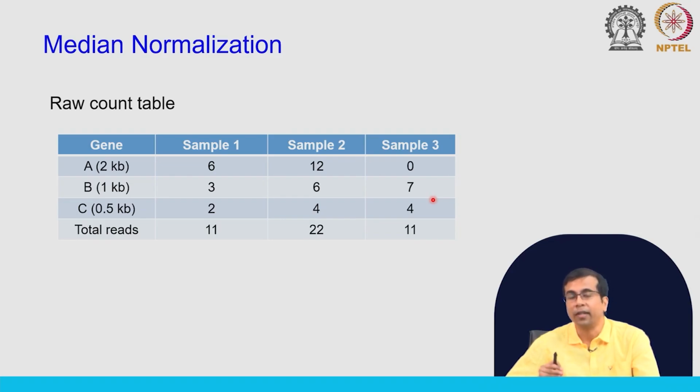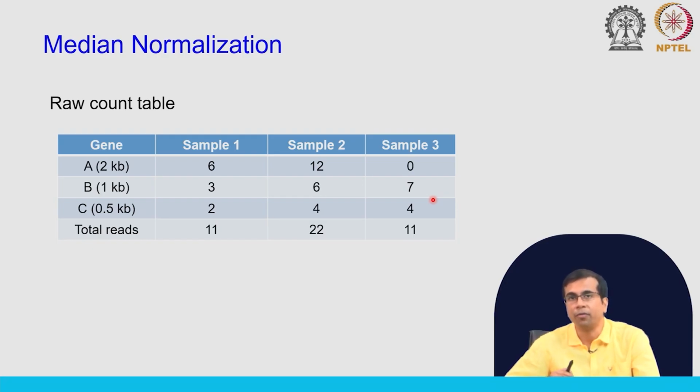You can think about how you are going to proceed, and then I will show the analysis with a real data set where you have 6,000 or 7,000 genes. Let us think for a moment about how to do median normalization for these 3 samples: sample 1, sample 2 and sample 3.